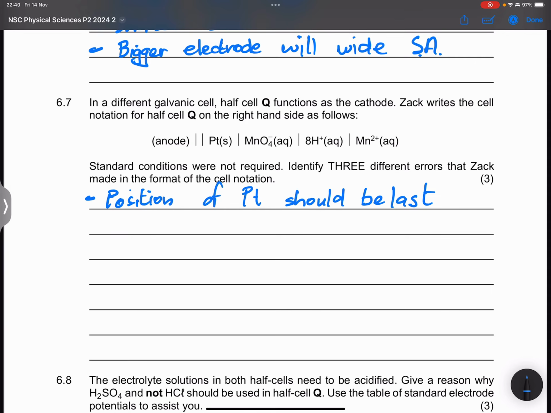Okay, so in this case, he has used, see that between the permanganate and the Mn2+, they don't change phase, so you must put a comma.